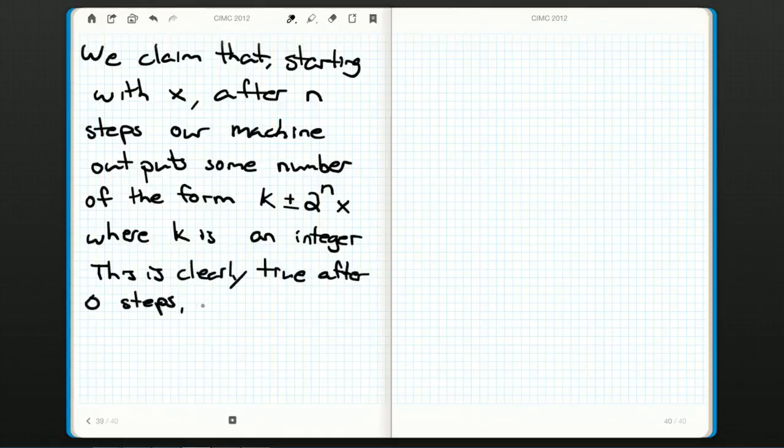So it's clearly true after 0 steps because x is equal to 0 plus or minus 2 to the 0 times x. Okay? So clearly our formula works right off the bat.